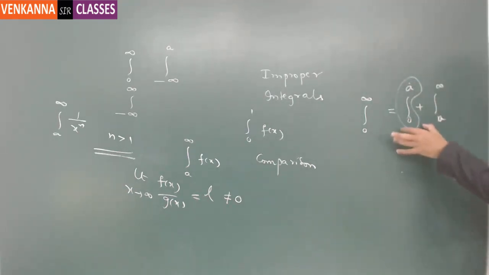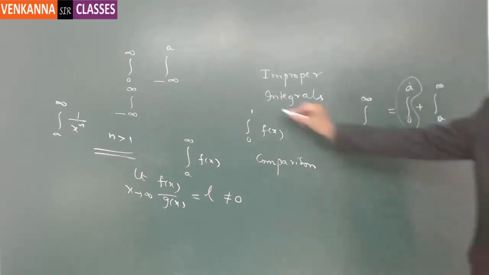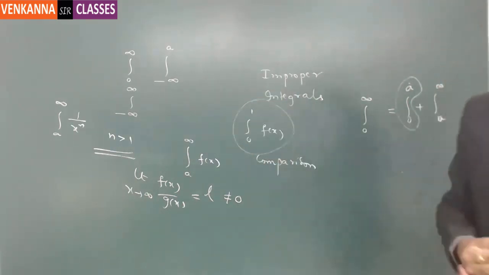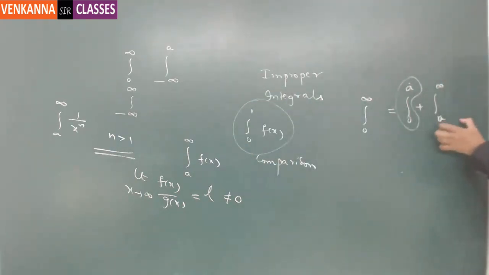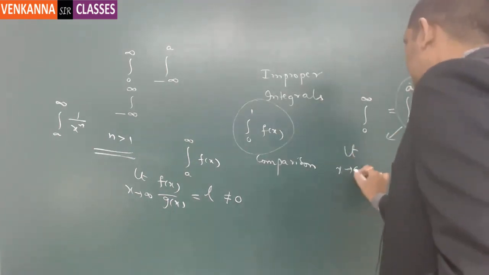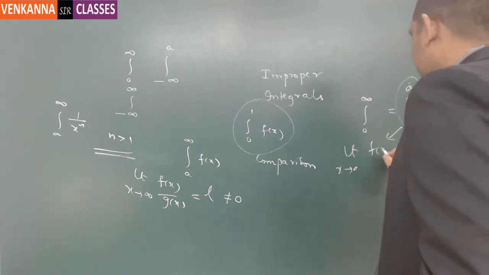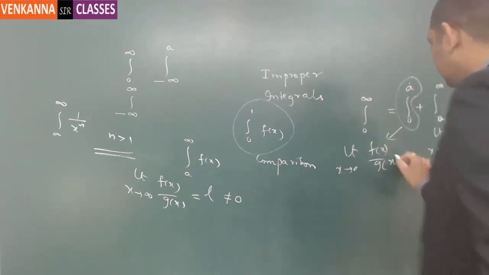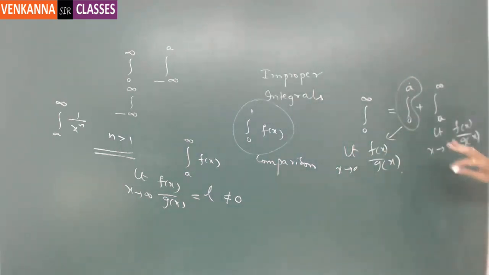However, if it is not proper, we use the second kind by defining g of x and calculating the limit as x tends to 0 of f of x by g of x, and for the other integral the limit as x tends to infinity of f of x by g of x. I think this part we finished in the previous session.